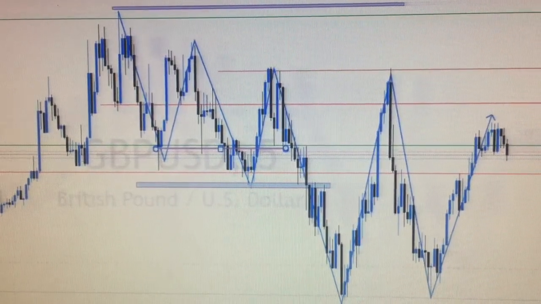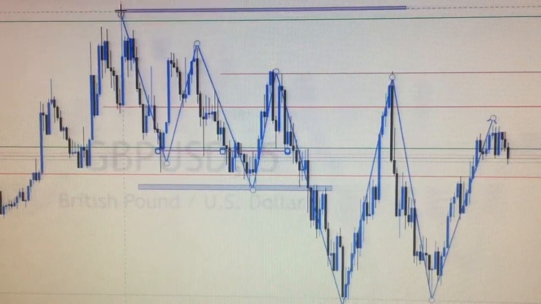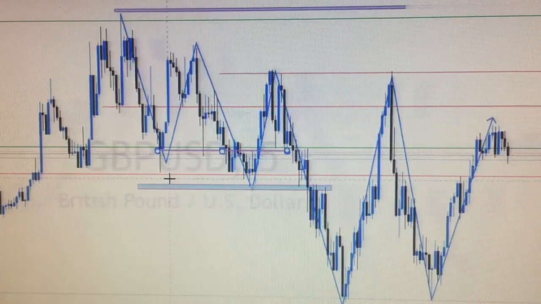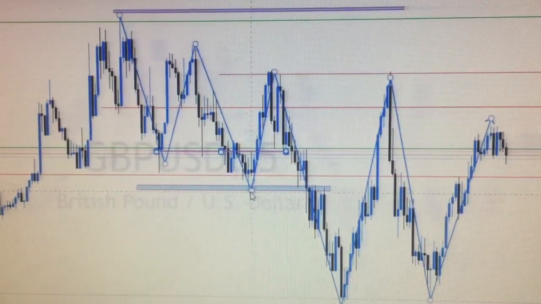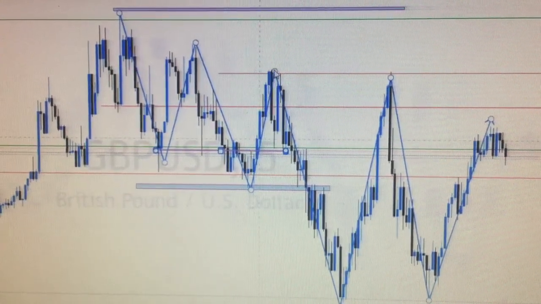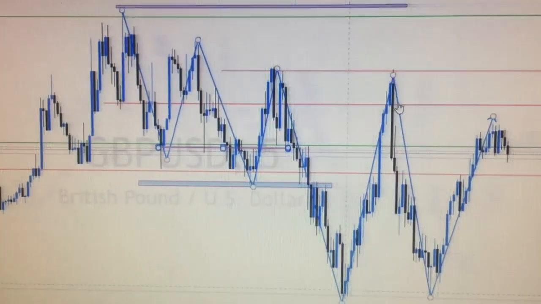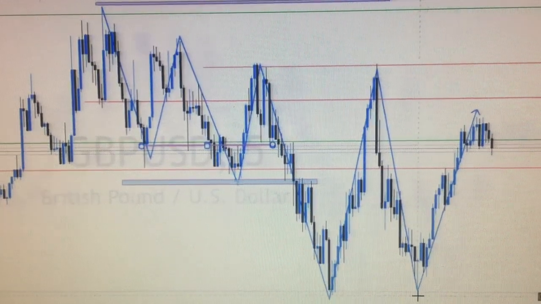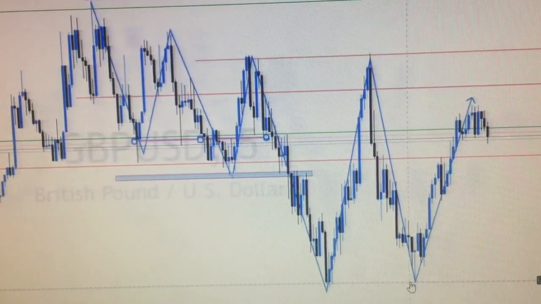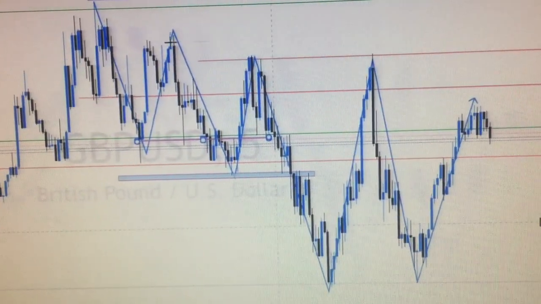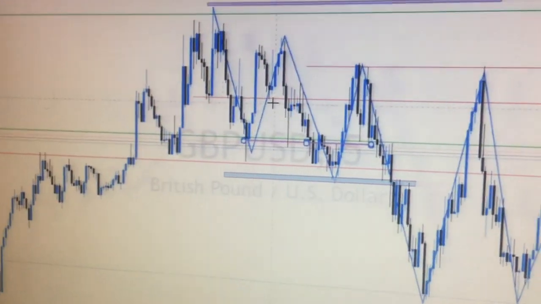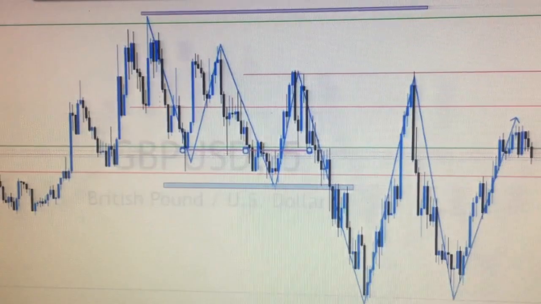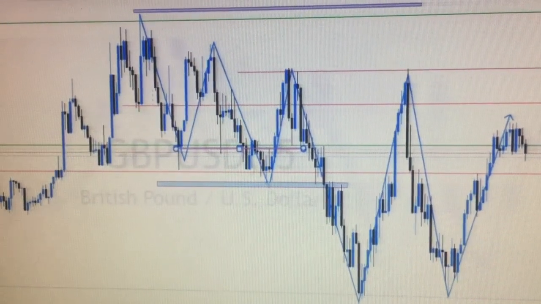I don't know if you can see that the market was trading higher from this side, and then we came up to this highest point, it dropped low, traded higher, dropped and made a new low, traded higher, and then it came up to this point where it never traded. What was happening is the trend was changing. So we were on a buy trade, but we were changing from a buy to a sell.